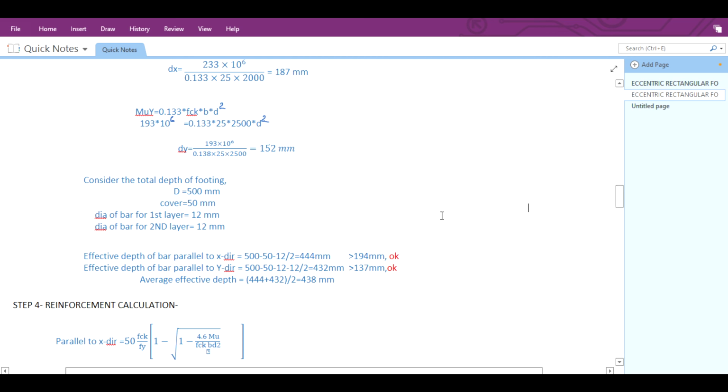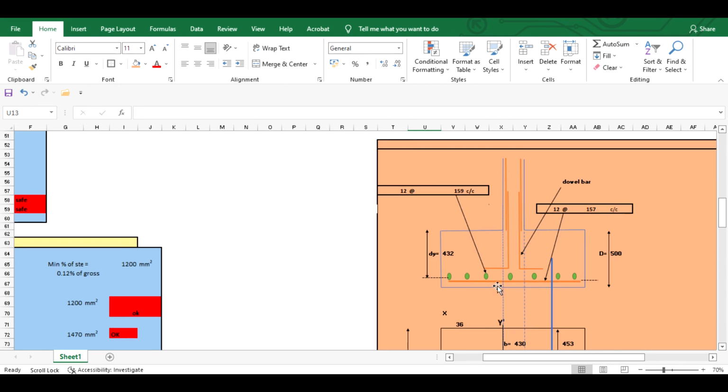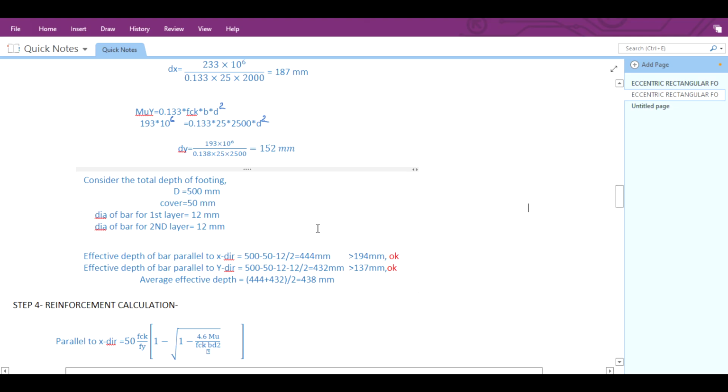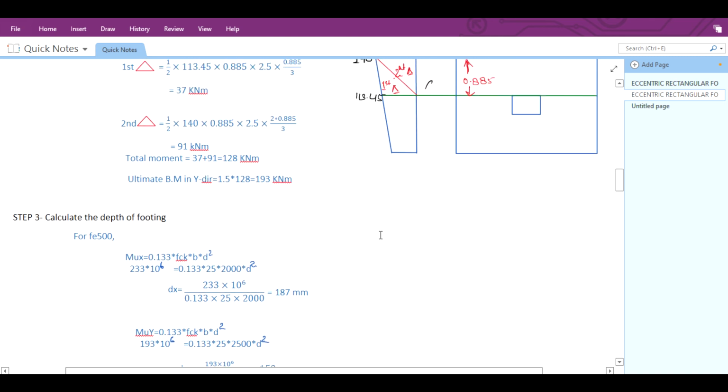So the first layer will be parallel to x direction and the second layer will be parallel to y direction. It will look like this. So in the next lecture we will see how to calculate the reinforcement and go for the one way and two way check.